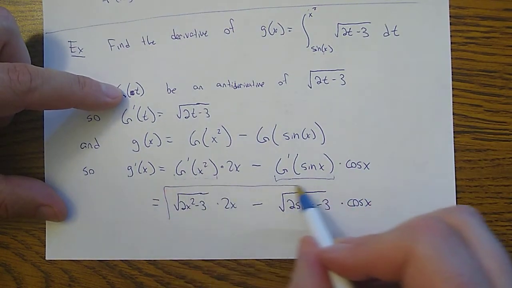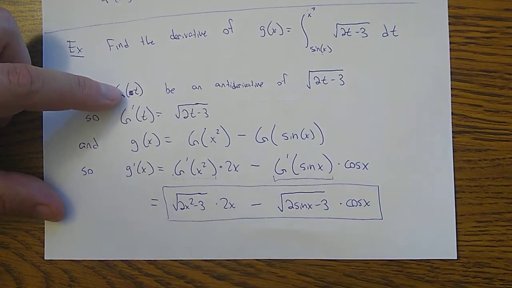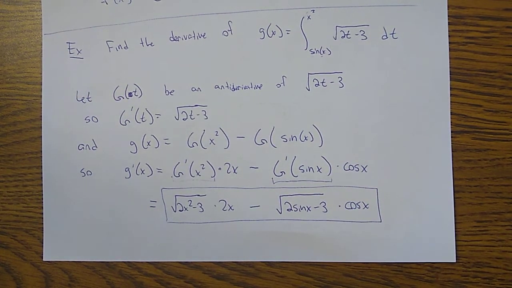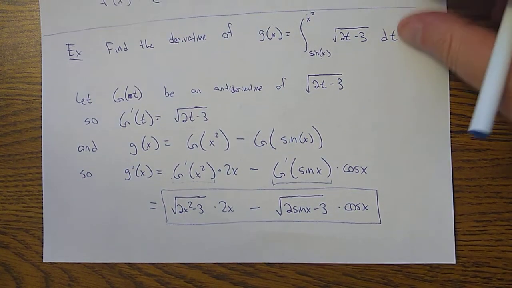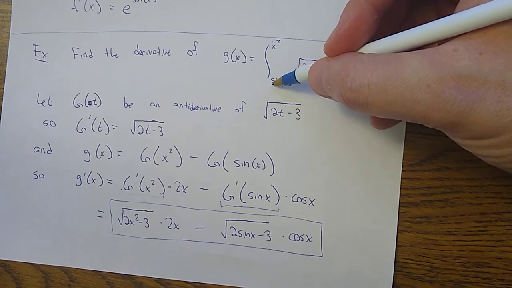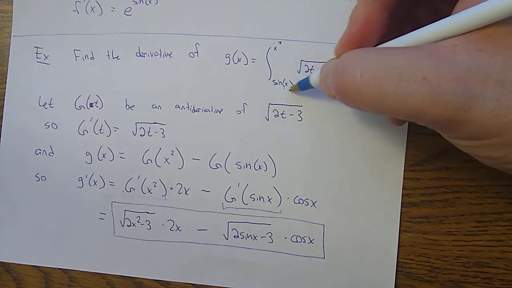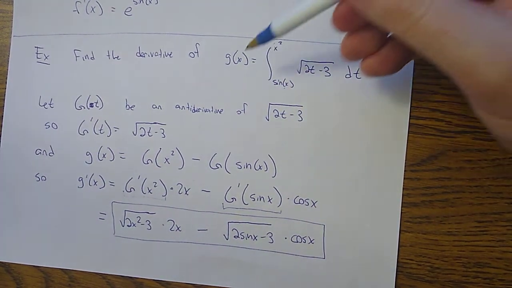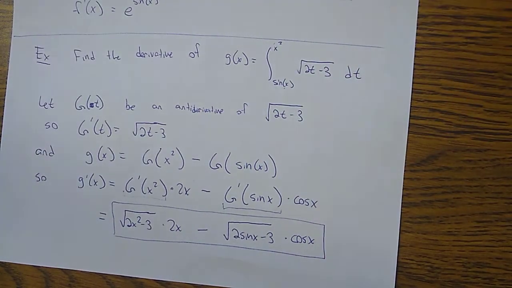So then we're good. So that's how you do one like that. And you'll have a few like that where you just have different functions of x down here and down here. But you can follow these exact steps to do those.